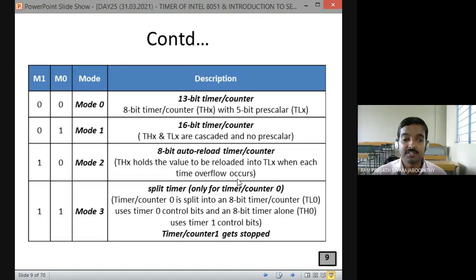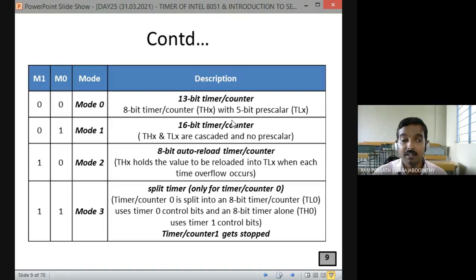This is the most commonly used mode of operation when you are going for baud rate generation. For generating serial communication timing, we prefer this particular mode. Why do we prefer this mode?